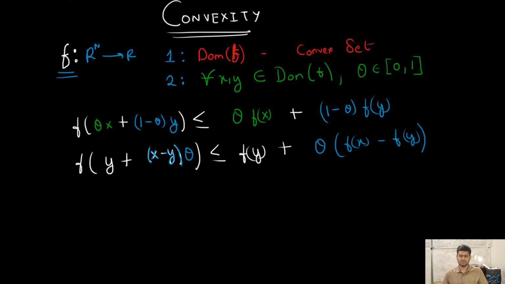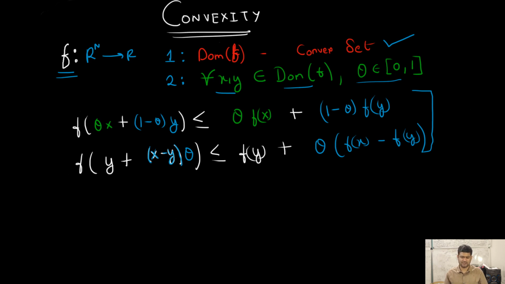So there are two conditions. Number one, the domain of the function should be a convex set, and second, f should satisfy this inequality for any x and y in its domain and any theta that is between 0 and 1.